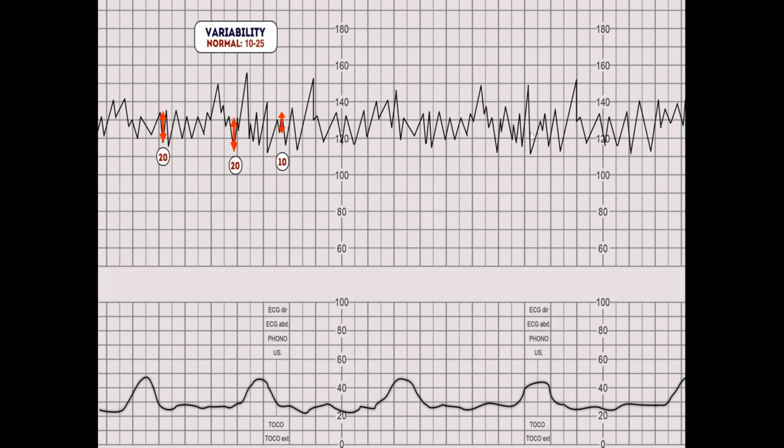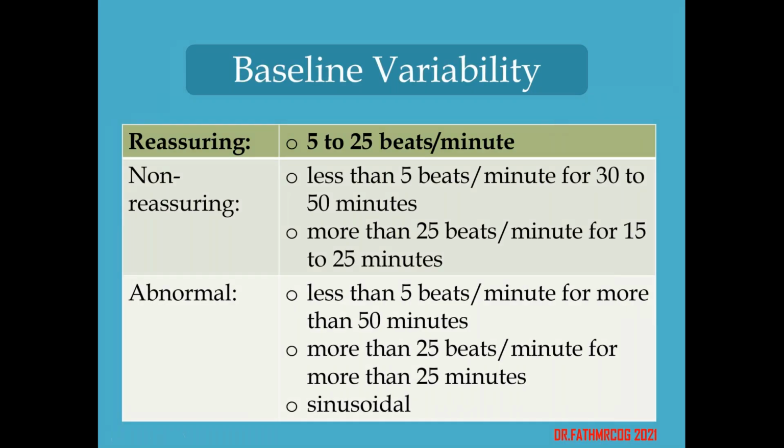What about the baseline variability to classify as reassuring, non-reassuring, or abnormal? We say this is reassuring baseline variability if the range is between 5 to 25 beats per minute. Non-reassuring is if there is less than 5 beats per minute for 30 to 50 minutes. And we say non-reassuring is more than 25 beats per minute for 15 to 25 minutes.